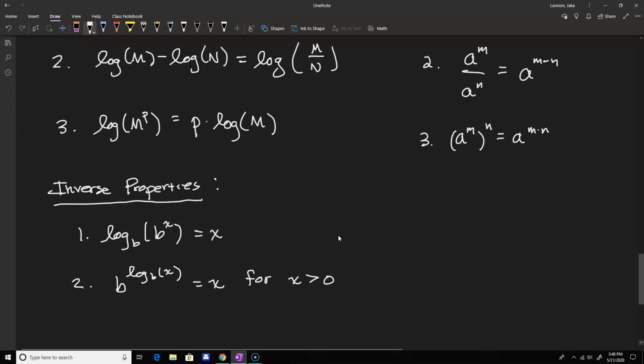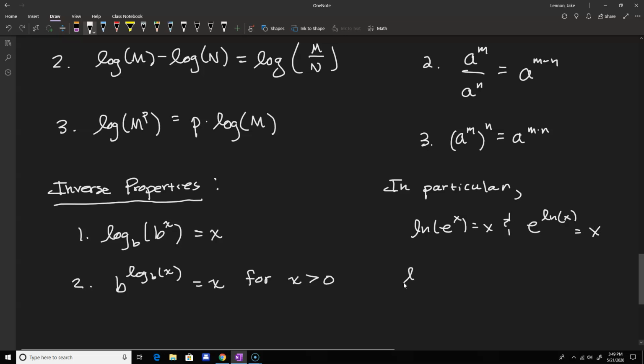So in particular, things that come up a lot: the natural log of e to the x is equal to x, and e to the natural log of x is equal to x.